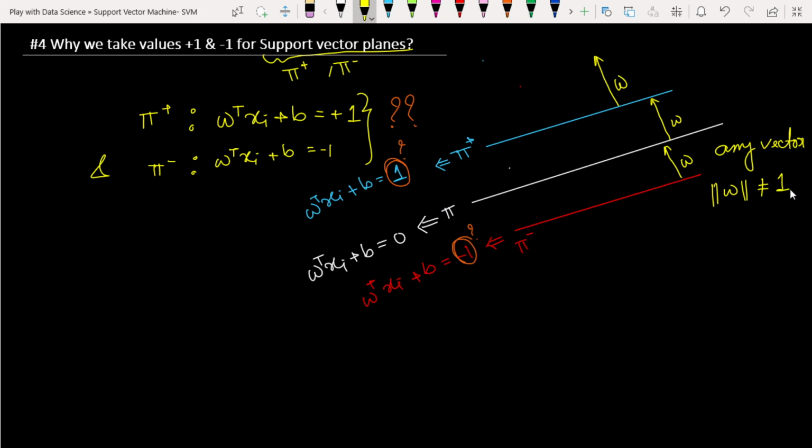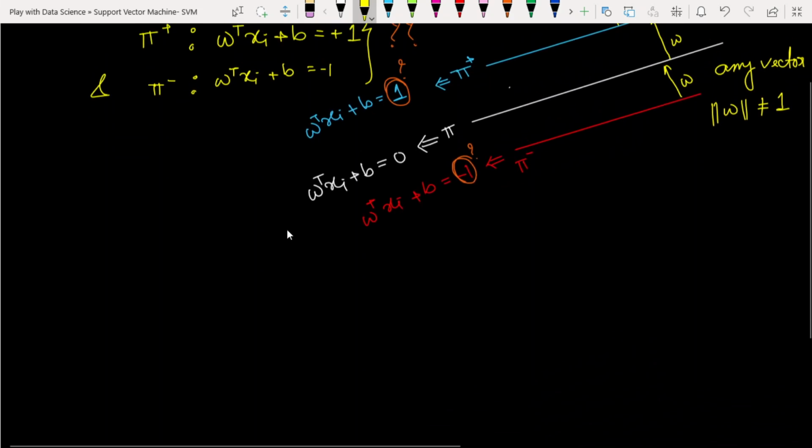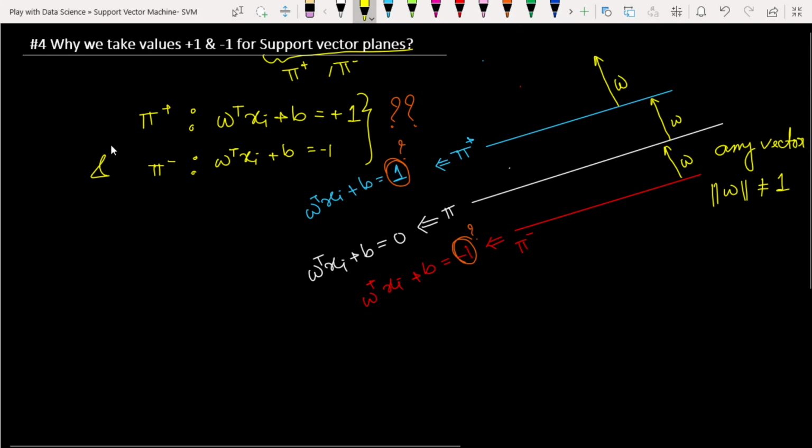Also in previous lectures I have called this any vector, we need not take a unit vector. And what is our main task, our main motto in support vector methods? We have to maximize our margin.